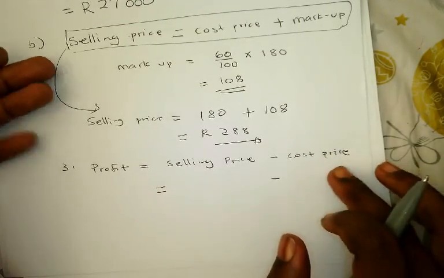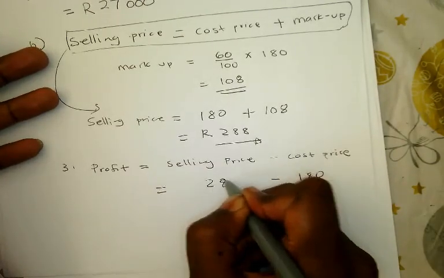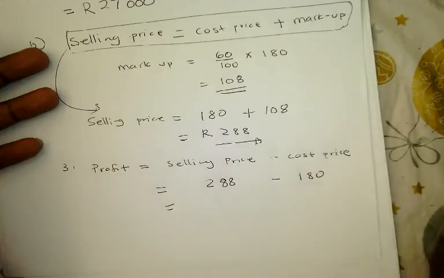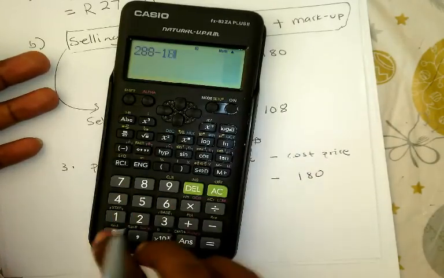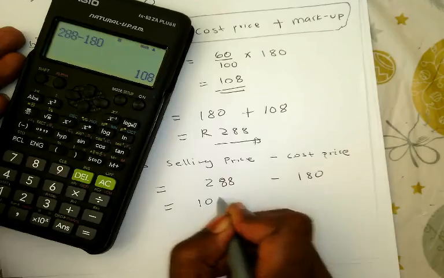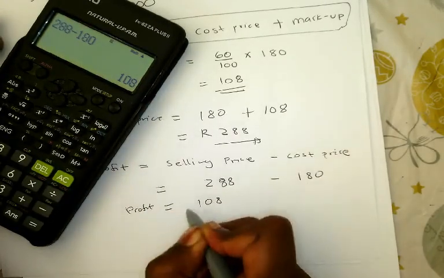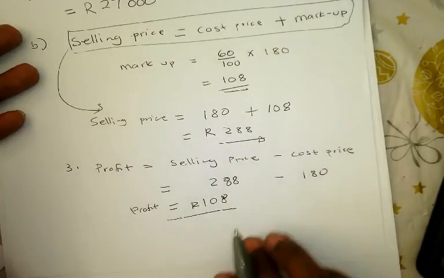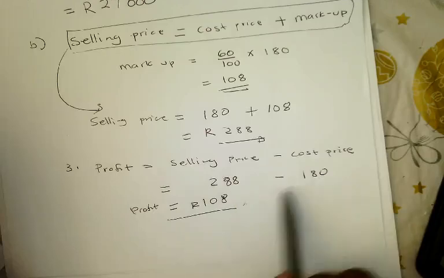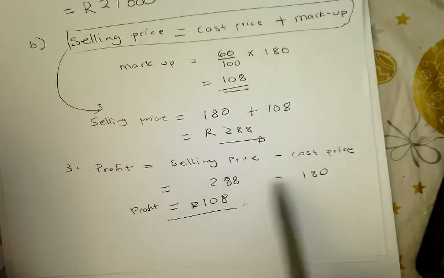You bought the book for 180, you are selling it for 288. So you get the difference. So you're at a profit. If this was a minus, it would mean you're at a loss. You are gaining 108 rands for every book that you are selling because of the difference. Can you see?